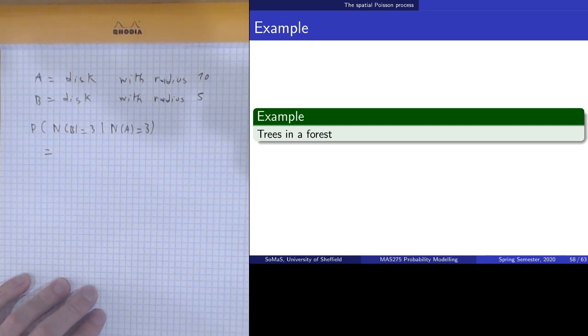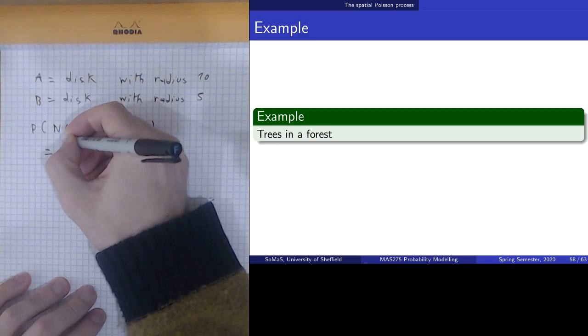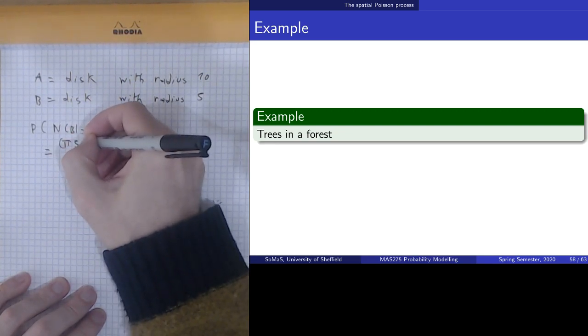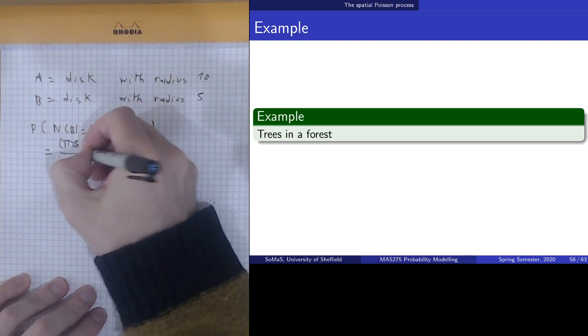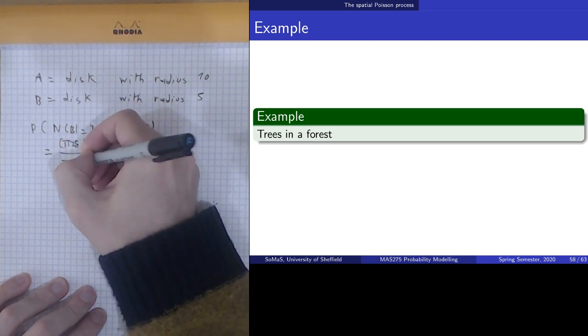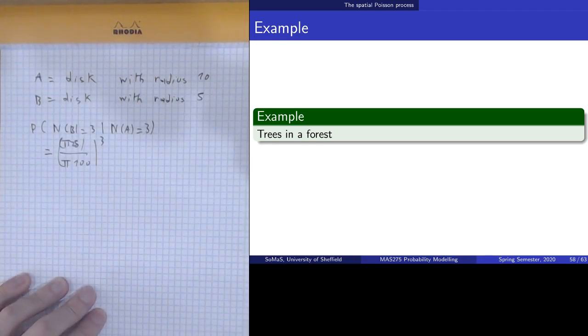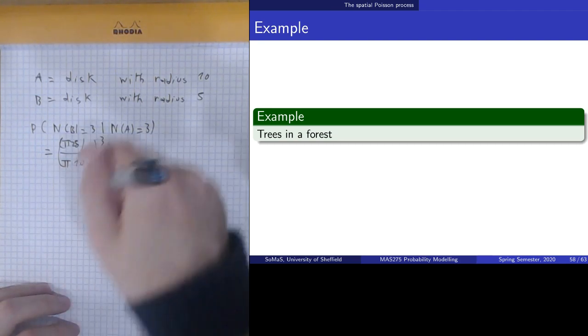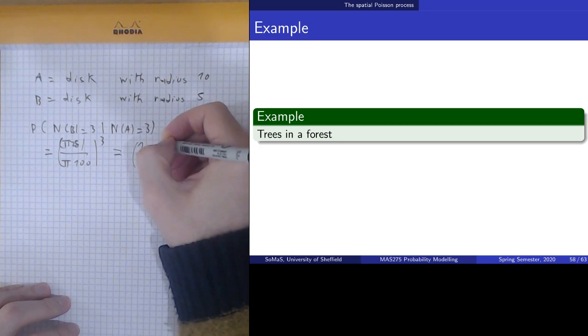And remember the area of a disk, that's pi times 5 squared here, so pi times 25, divided by pi times 10 squared, so pi times 100, and this gets cubed. Okay, so 1/4, so we get 1/4 cubed.